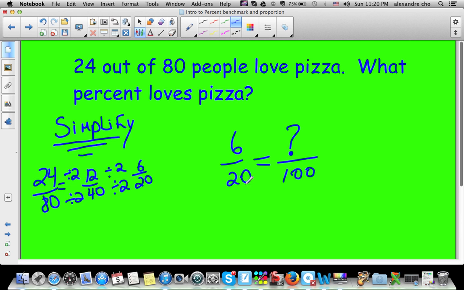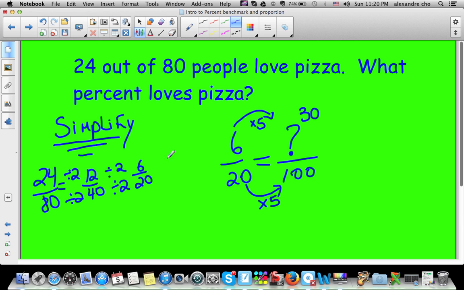Ooh, now there is. 20 goes into 100 5 times nicely. 20 times 5 goes into 100. So 6 times 5 will work, giving us an answer of 30. So that means that 30% love pizza.